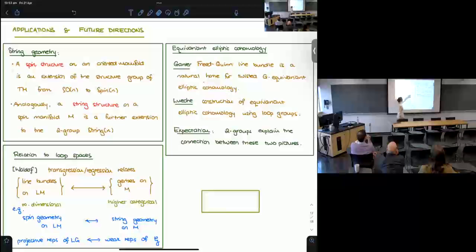But on the other hand, Kiran Luecke's thesis builds a construction of equivariant elliptic cohomology using loop groups, with no two groups anywhere. The expectation is that these two pictures are related by this machine, but that's not understood at all. Now it just looks like two parallel things that say they're doing the same thing with totally different ingredients. So we'd like to understand that too.